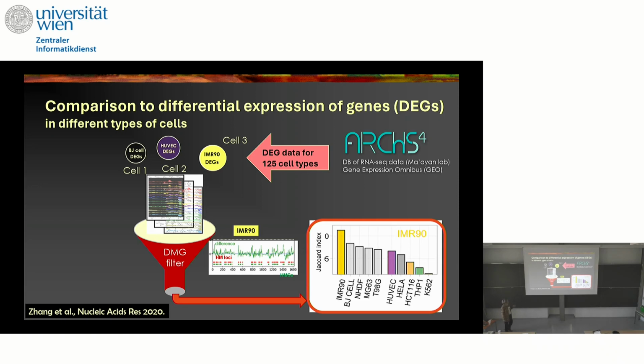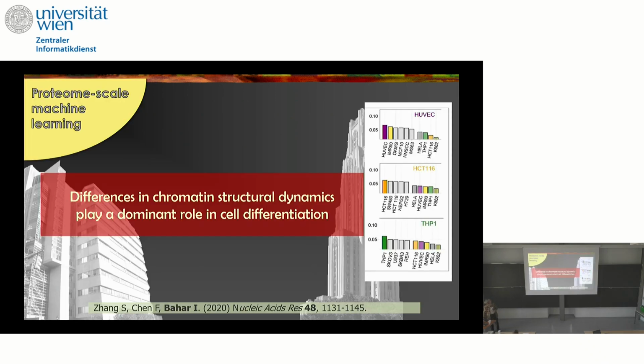The question is, which particular cell's expression profile is most similar to the mobility profile of our queried case. And we can capture the same cell type, which means among 125 different gene expression profiles, we're using as filter our mobility profile for a particular type of cells, and we are observing that it is most similar to indeed the expression profile for that particular cell.